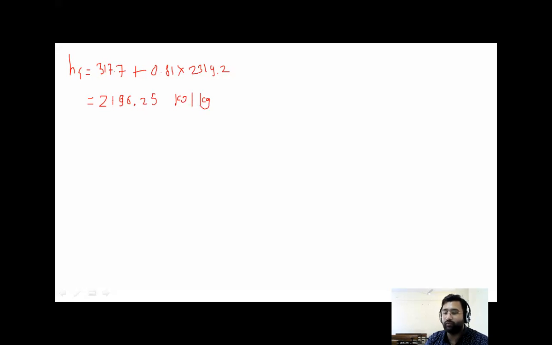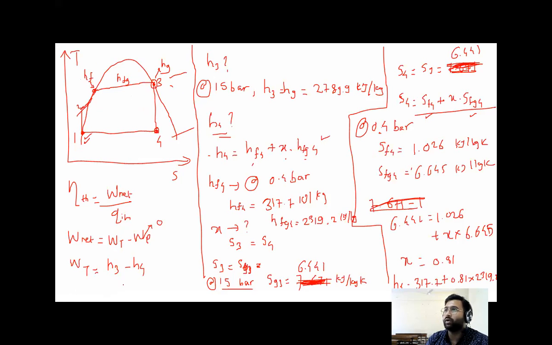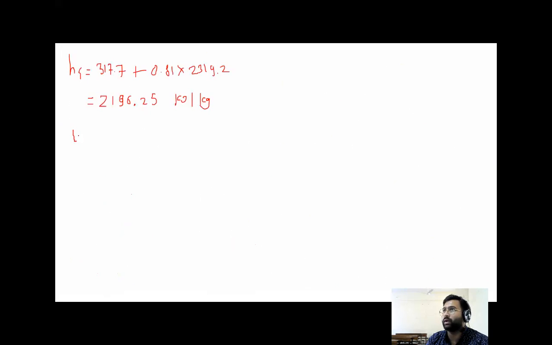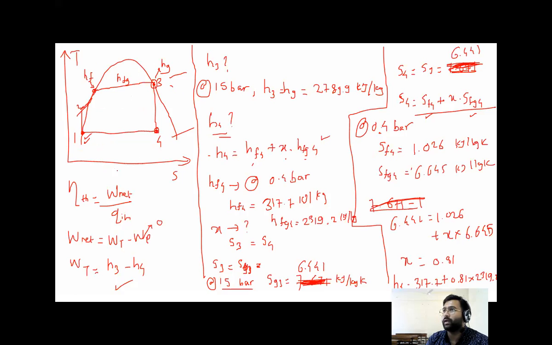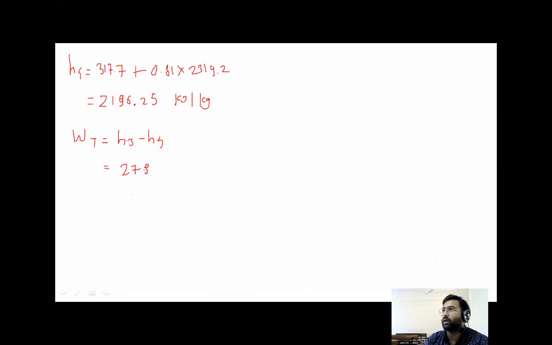Now why are we calculating H4? Because we wanted to calculate turbine work. Now you can calculate turbine work. The turbine work will be equal to H3 minus H4. Here, how much have we calculated H3? This is H3, 2789.9. 2789.9 minus 2196.25.